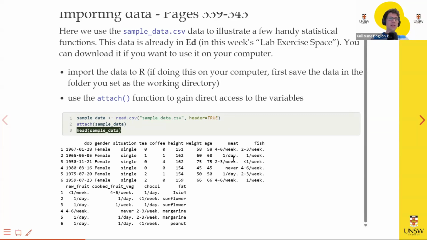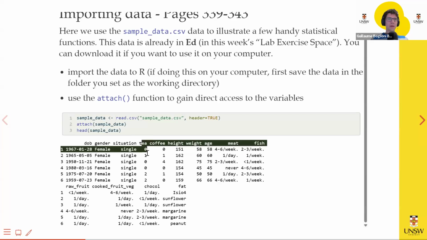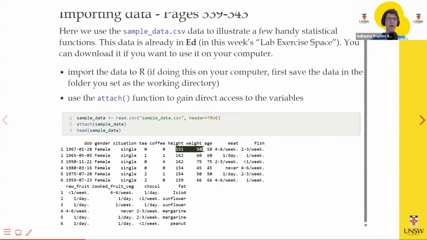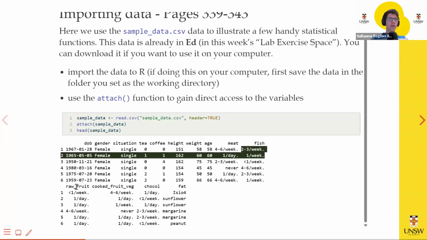And you see this is a data set about some people's diet, apparently. So you have their date of birth, their gender, their situation, but then all of this seems to be things about their diet, how much tea and coffee they drink. You have other more demographic variables, height and weight, age, but then how much meat they eat per week, how much fish, and other things like that.